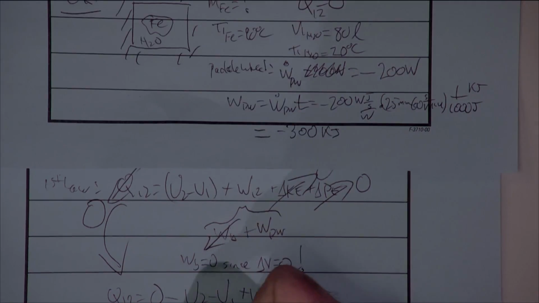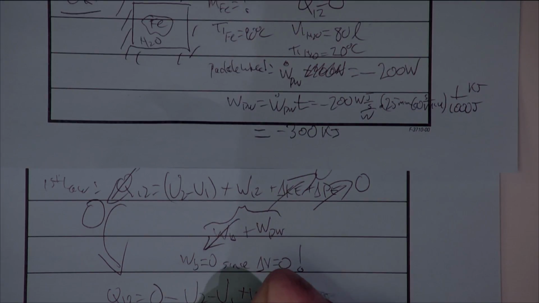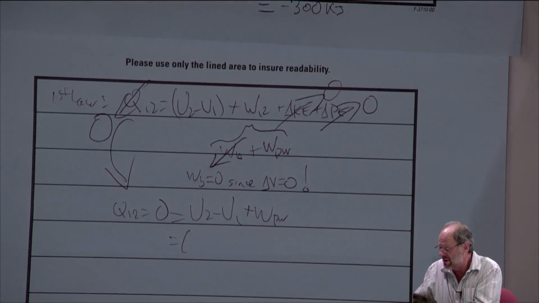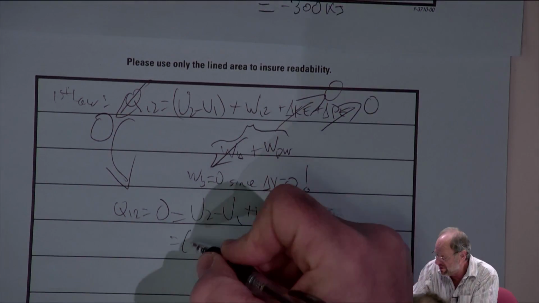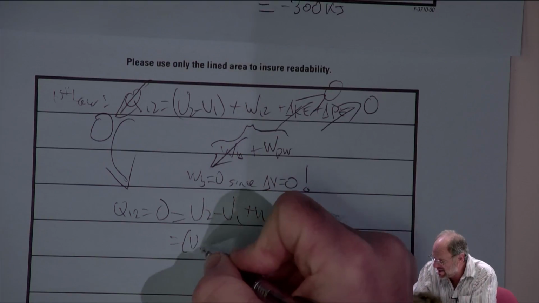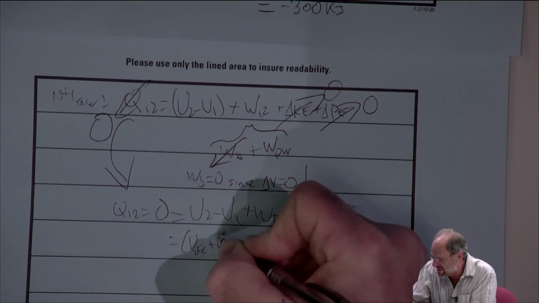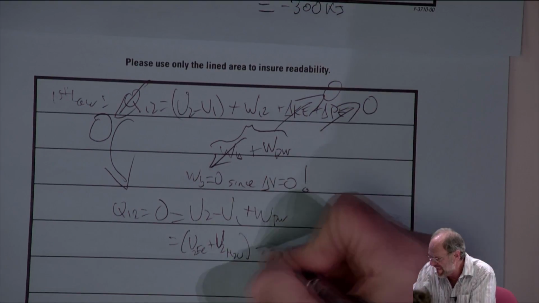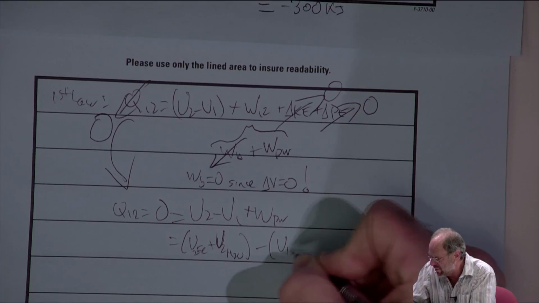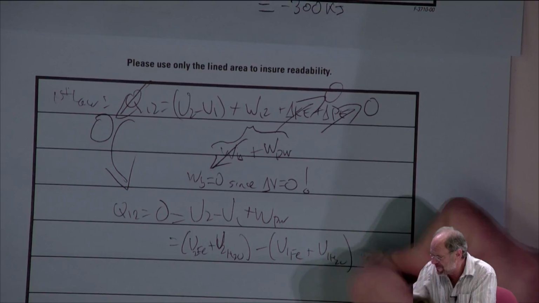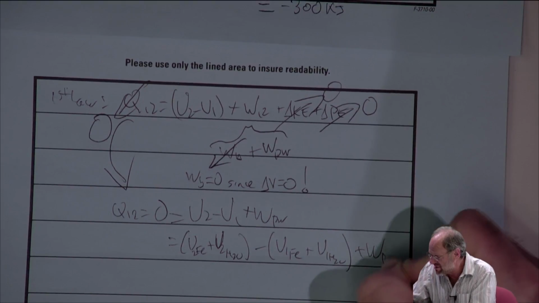Okay. Now, we have the final internal energy both of the iron and of the water. So why don't we say U2 iron plus U2 water, and then minus U1 iron plus U1 water, and then plus the paddle wheel work.